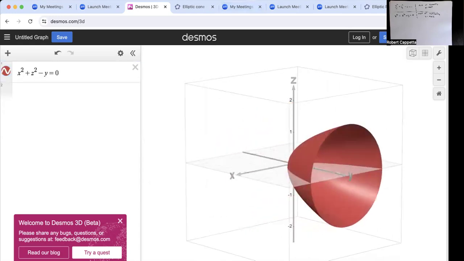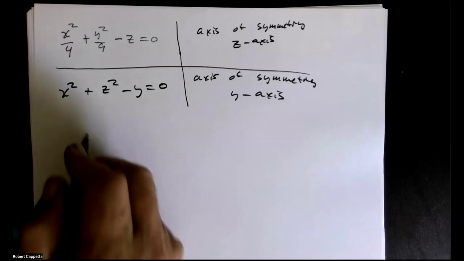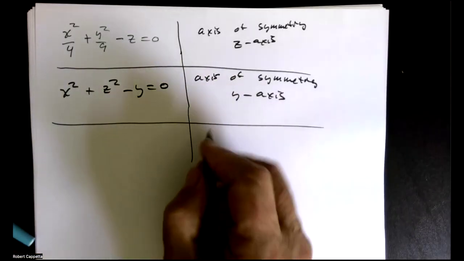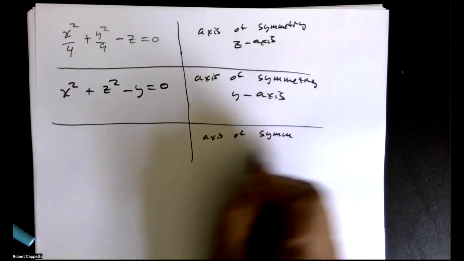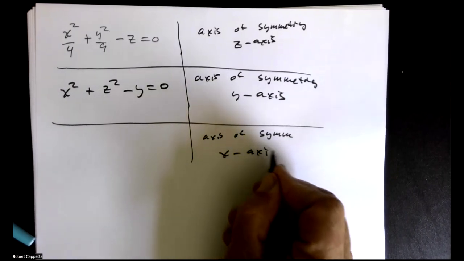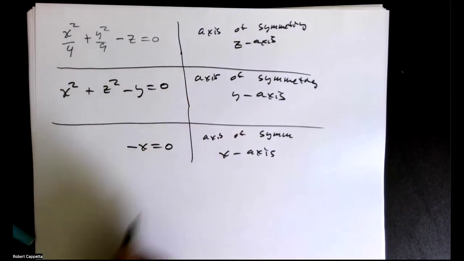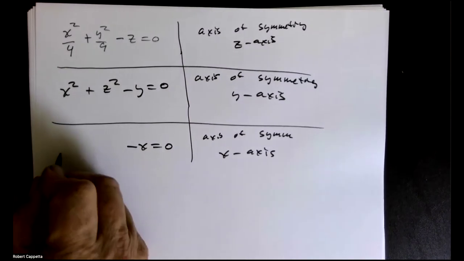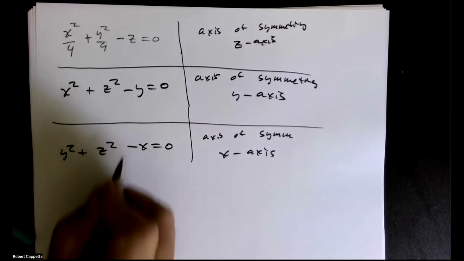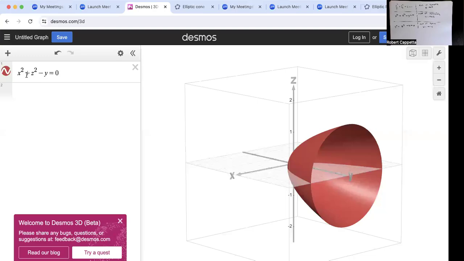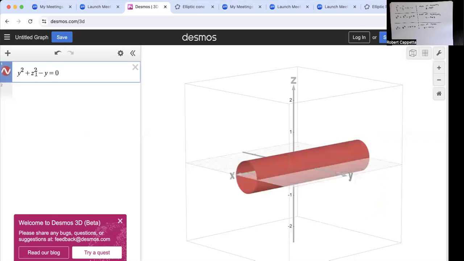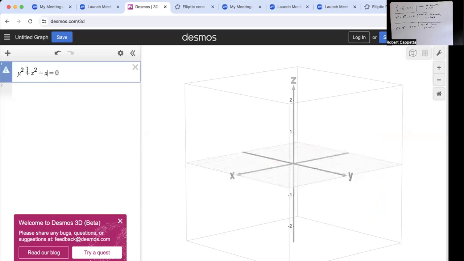And if we want to have an x-axis of symmetry, what would have to happen? We'd have to go minus x equals 0, and then I would need y and z to be squared: y squared plus z squared minus x equals 0. Let's go back to that app and check. So make it y squared plus z squared minus x is 0.